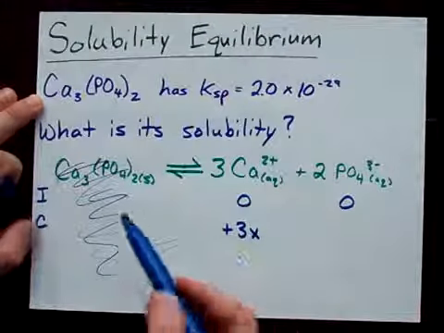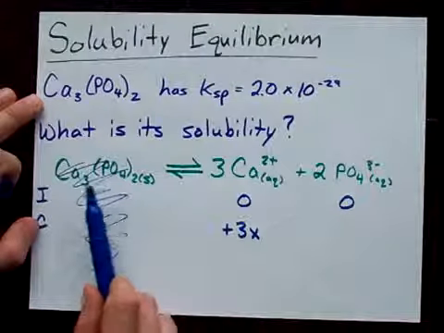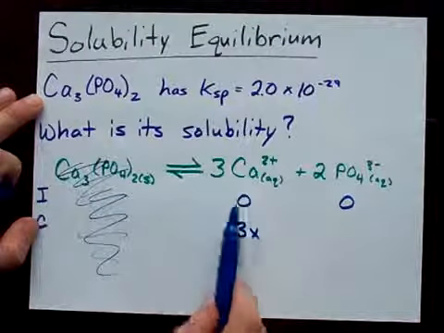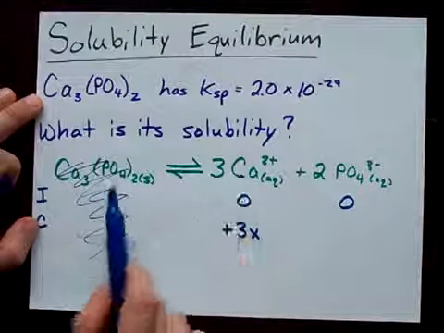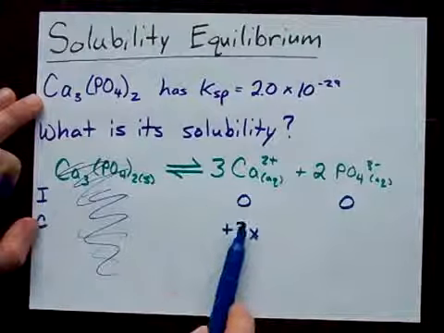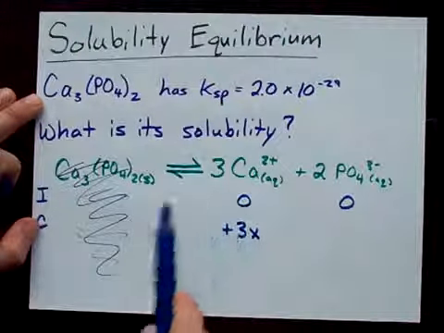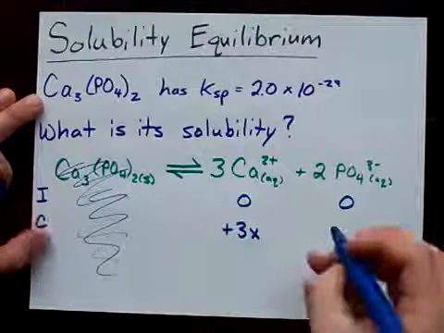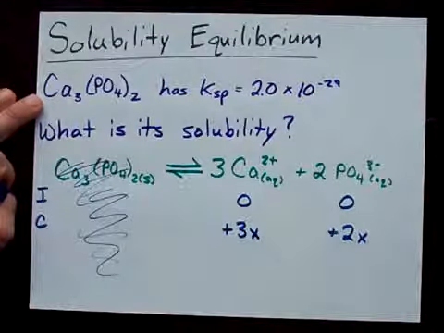I'm going to say that the number of moles per liter of this that dissolved is X, and I get 3 times as many calciums as I lost of this. So I'm going to say that this is plus 3x. The 3 comes from the coefficient here, and I gain 2 phosphates for each of those steps.